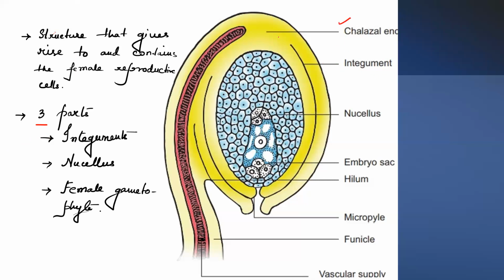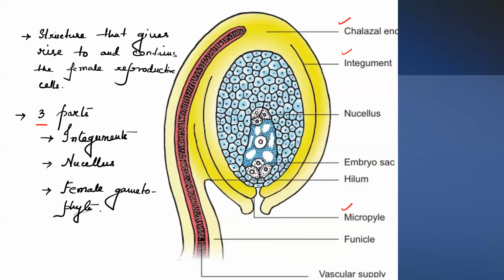Right opposite to the chalazal end is the micropylar end. Here come the integuments, the outer layers that I just told you. Then comes the nucellus. As I've said, it is the remnant of the megasporangium. Then comes the embryo sac.